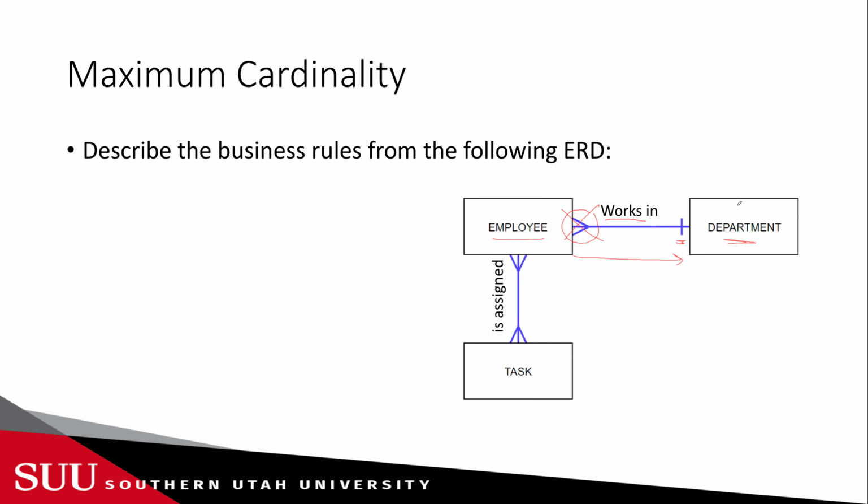And if I'm reading from the department side, so this is one business rule right now. I need the other business rule. So I need to start reading from department. And when I'm reading from department, I will not read it as works in, because department does not work in employee. So I will just have a label here.